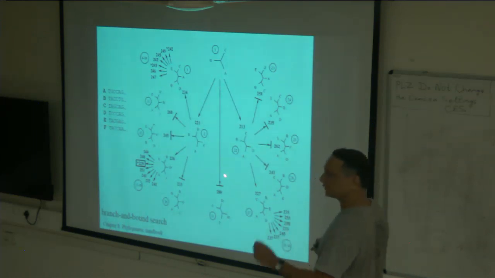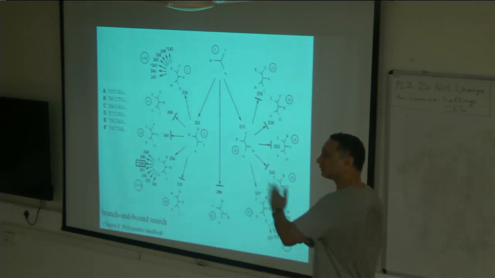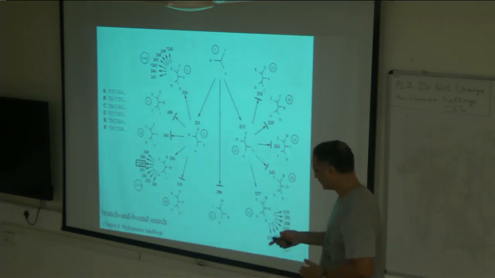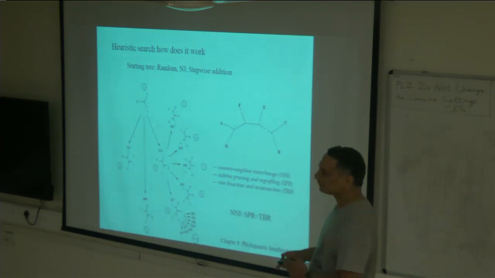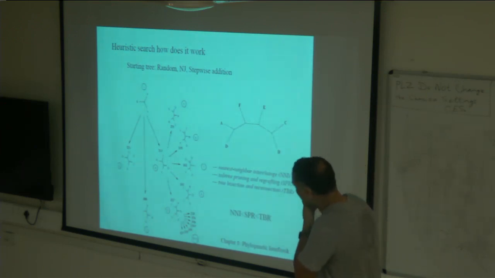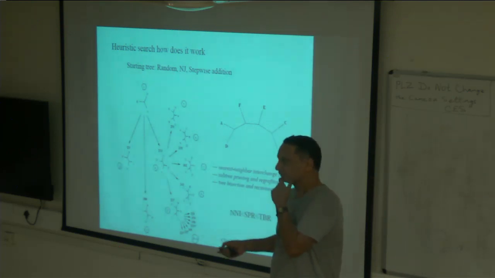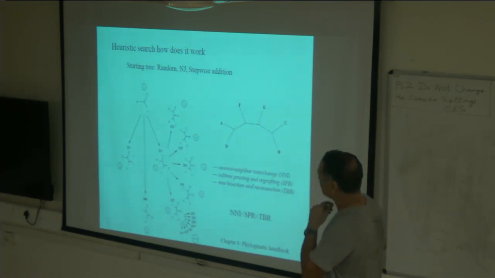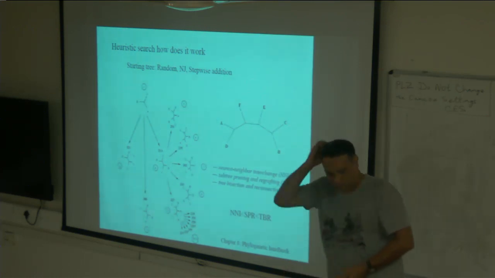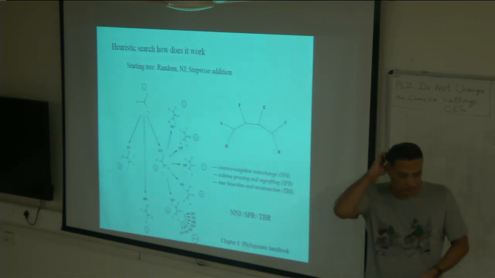Again, pick the one with the best score, then add the sixth taxa to the different branches. So that would be stepwise addition. Okay. Yeah, it is parsimony. Yeah. So it's picking the one with the lowest score.